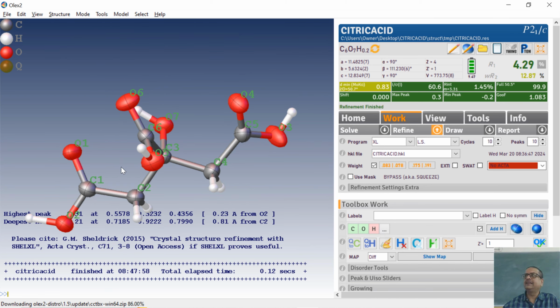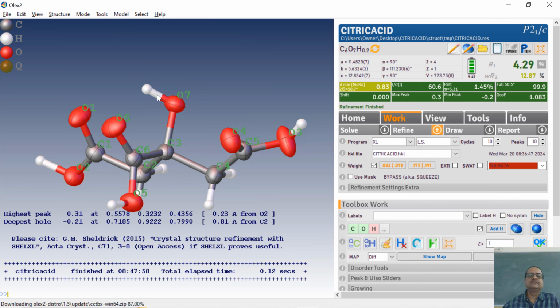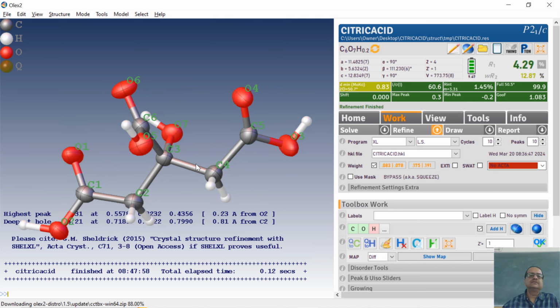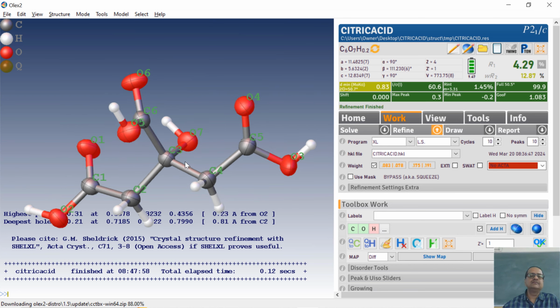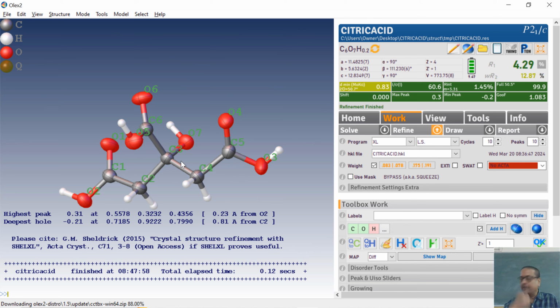I am using right click to zoom in, zoom out, okay? This OH seems to be slightly longer, 1.09. And this OH also probably the same, it is small, 0.99. So these OH and CH distances are not too inaccurate or not too far from the ideal value.